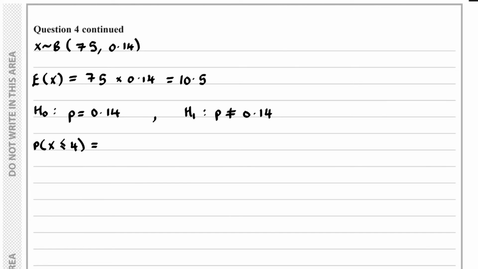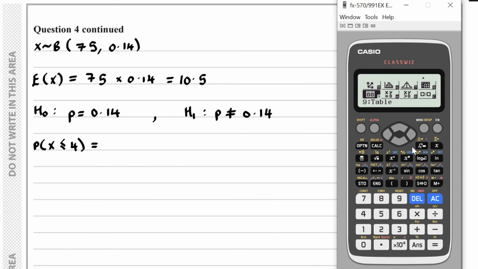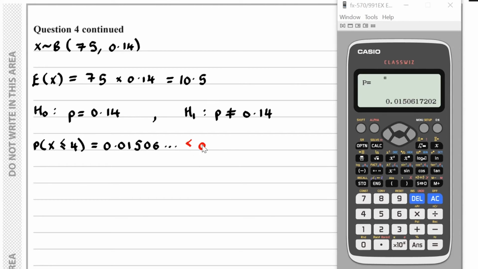So if I work out what this is, we need to use a binomial CD. So we have 4, 75 and 0.14. It turns out here we've got 0.01506, etc. And this here is less than the 0.025.